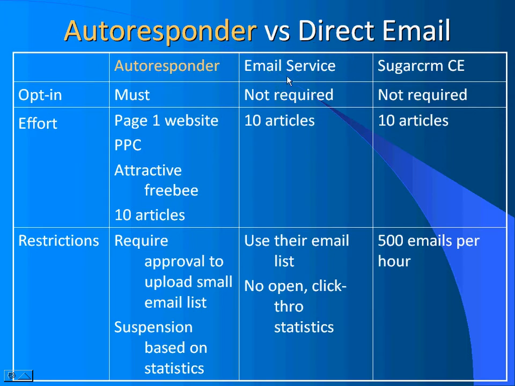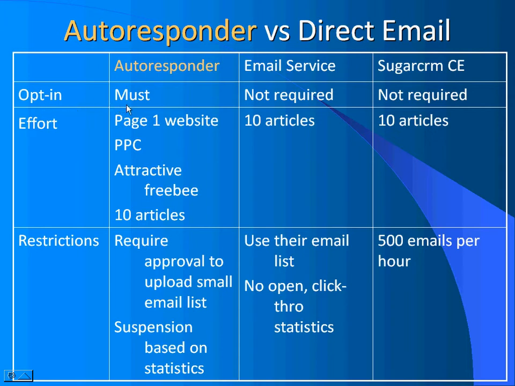Firstly, when you do email marketing, there's this thing called opt-in. Because all this autoresponder software is from the US, and the US law states that all email lists must be opt-in.